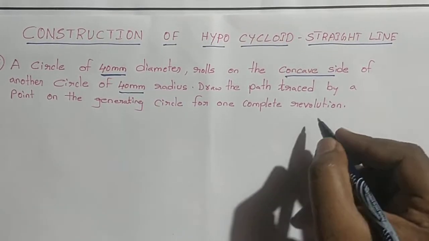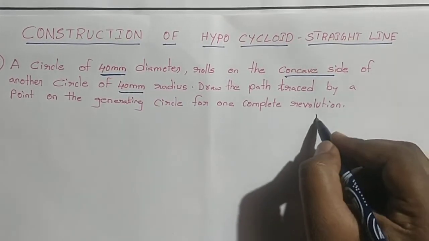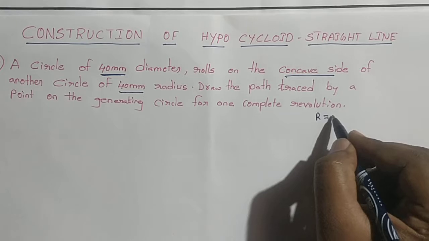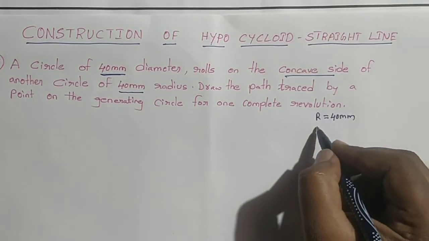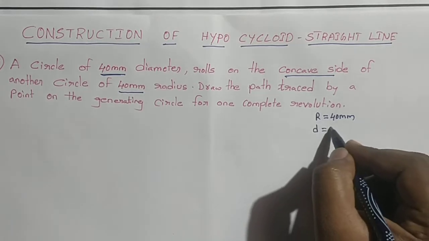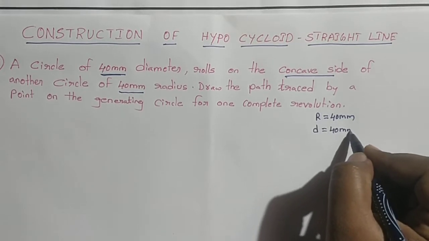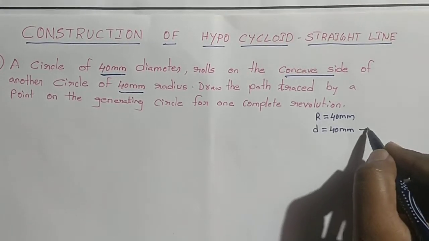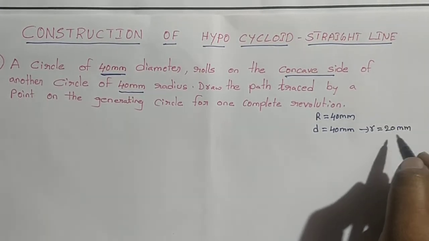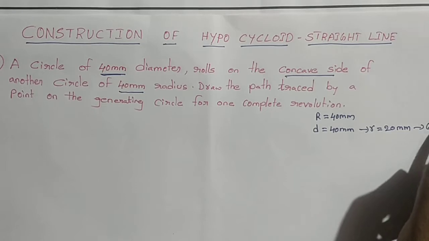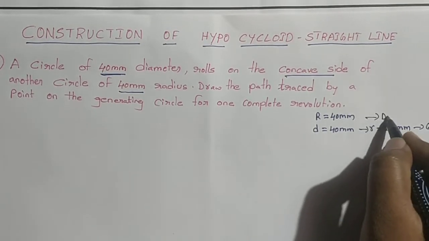Here the directing circle radius is given as 40 mm, and the diameter of the generating circle is given as 40 mm, converted into radius that equals 20 mm. It is the generating circle and this one is the directing circle.